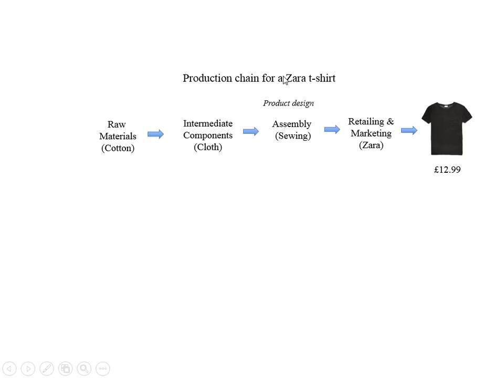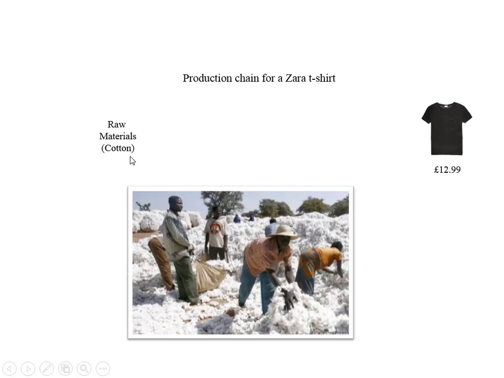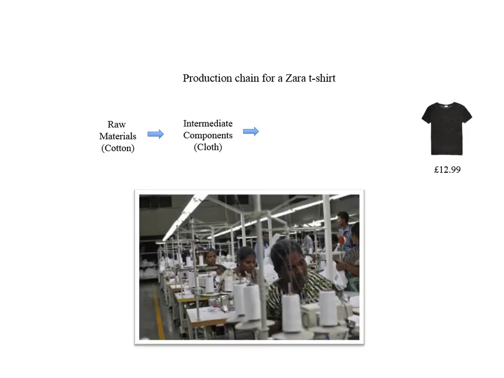So what happens in the production chain of Zara? At the beginning, you had the raw material sector, the cotton. Probably many people export this raw material, from the agriculture sector, from many sub-Saharan countries. Next stage, you turn the cotton into cloth.